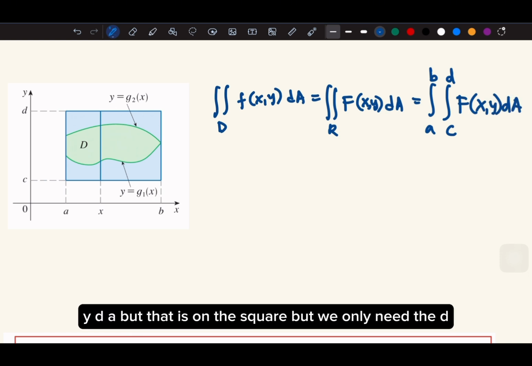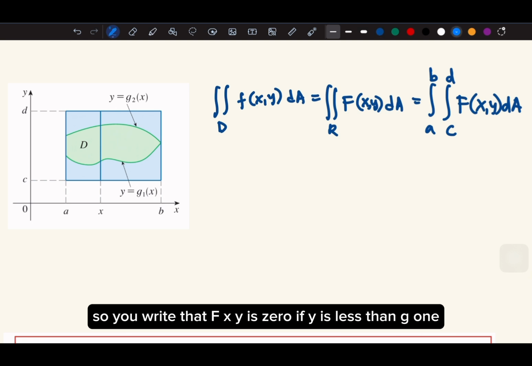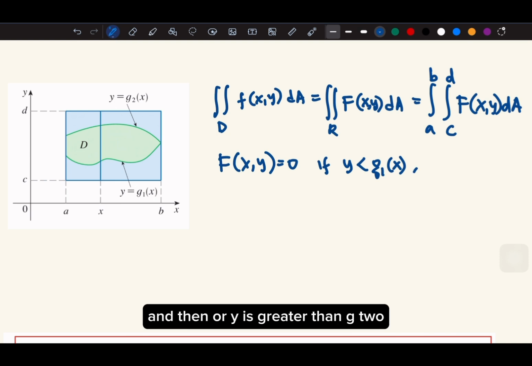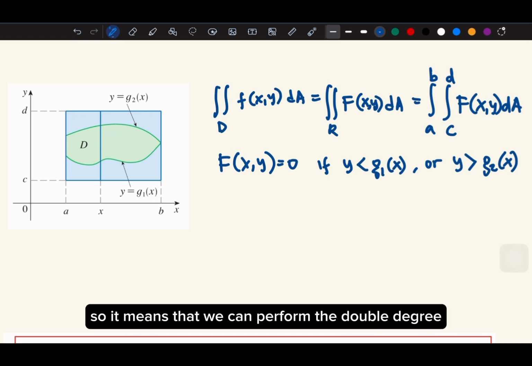But that is on the square, but we only need the D. So we write that F(x,y) is 0 if y is less than g1, or y is greater than g2, which means outside the D we can set it to be 0. So it means that we can perform the double integration.